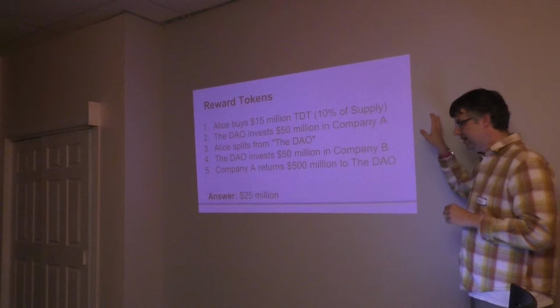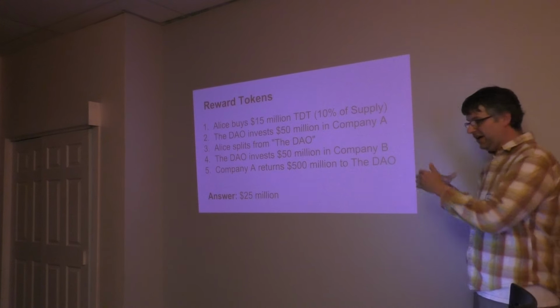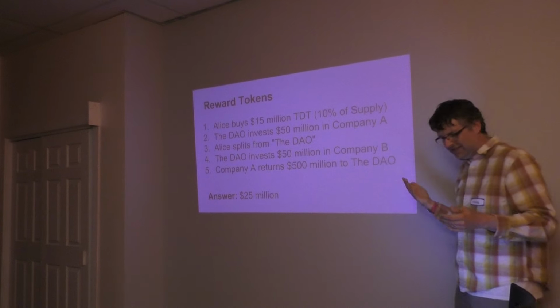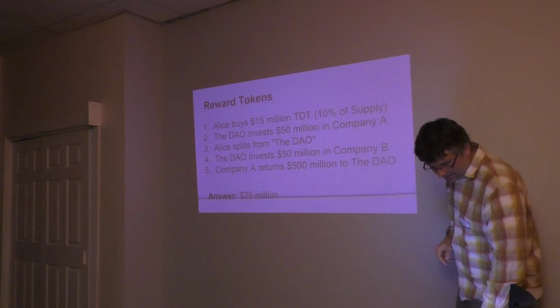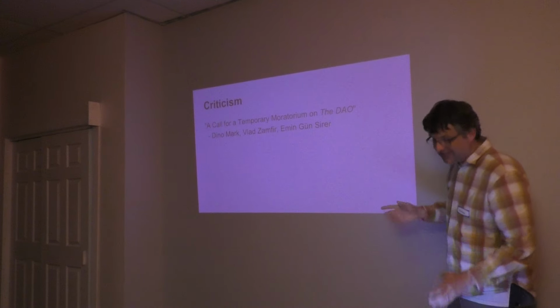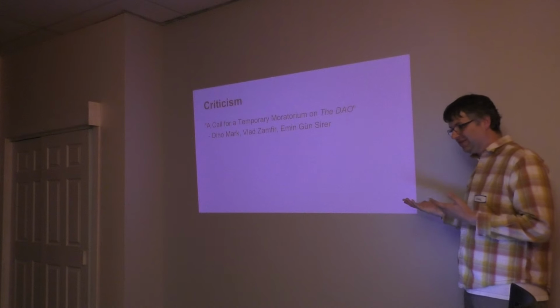So just when you read the code, be aware of this little hitch, because if you do the accounting, it won't make sense until you understand that they decided to do this. Now, criticism. There are the obvious criticisms you can give with this.